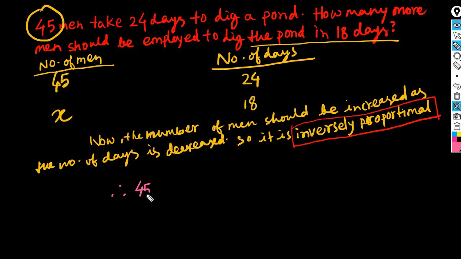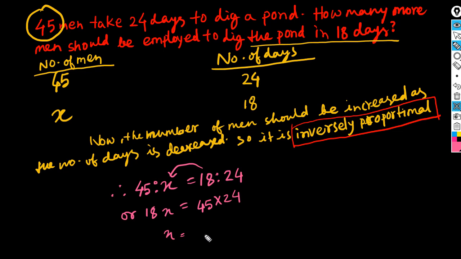So 45 is to x, the ratio, equal to 18 is to 24, or 18x is equal to 45 into 24, that is x is equal to 45 into 24 by 18, and cut this one, and your answer is not here.